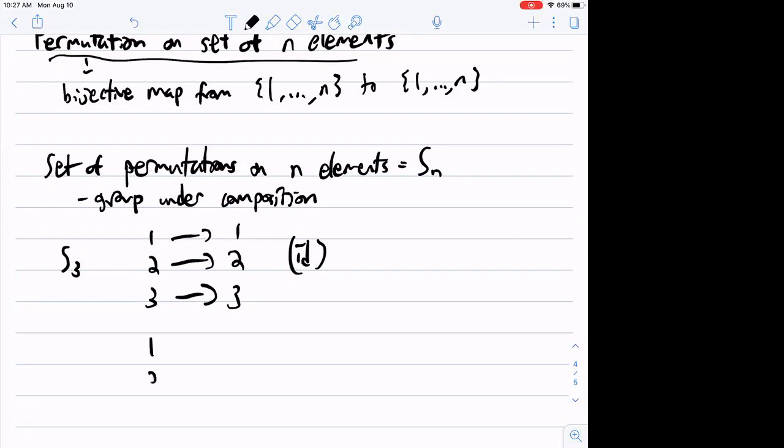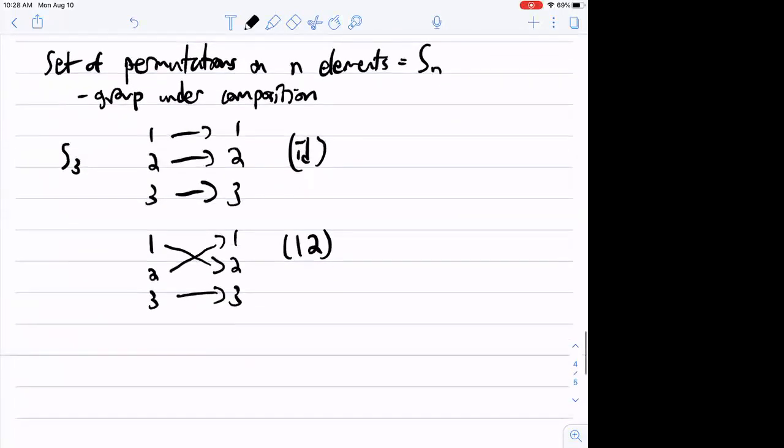Next, I can move 1 to 2, 2 to 1, and keep 3. So I'm moving 1 to 2, and then 2 back to 1. We write it like this. What else can I have? I could have 1 to 3, 3 to 1, and keep 2 the same. So here I'm swapping 1 and 3.